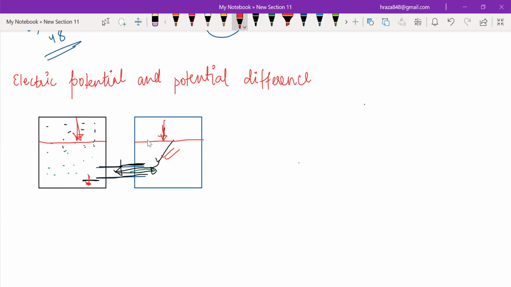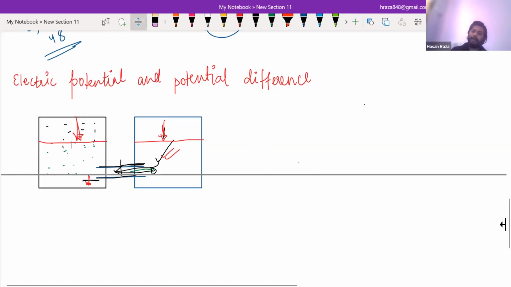Yes, sir. This is how electric potential works. What is electric potential? Potential is basically the ability to move charge from one point to another point. The same concept we are going to use in electric current, why electric current flows.